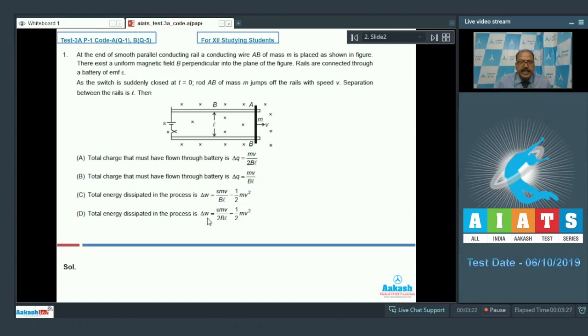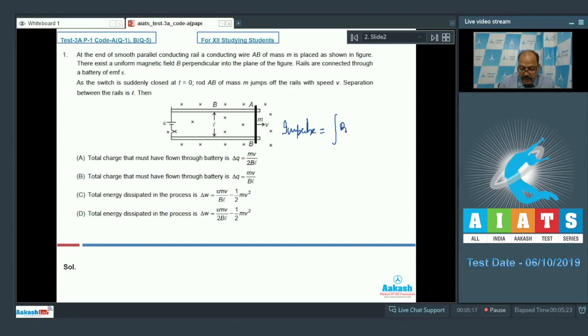Well, if we apply Kirchhoff's law and also electromagnetic induction, then the sum of changes in potential in a closed loop is 0, which means E, and because of electromagnetic induction there is some EMF across the rod, the sum of these two is 0. Which means the impulse, which gives it momentum mv, is equal to the integral of force into time.